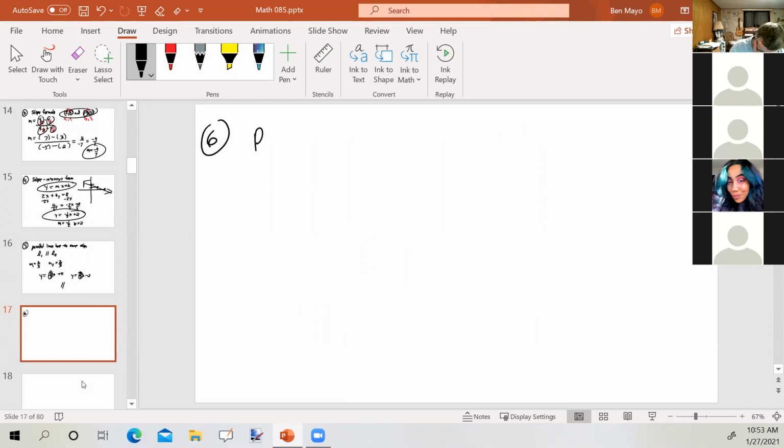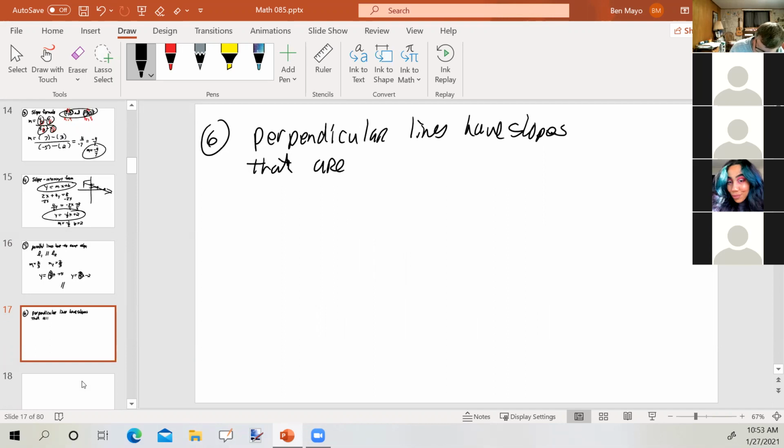Number 6. Perpendicular lines have slopes that are negative reciprocals. So let's say that line 3 is perpendicular to line 4.